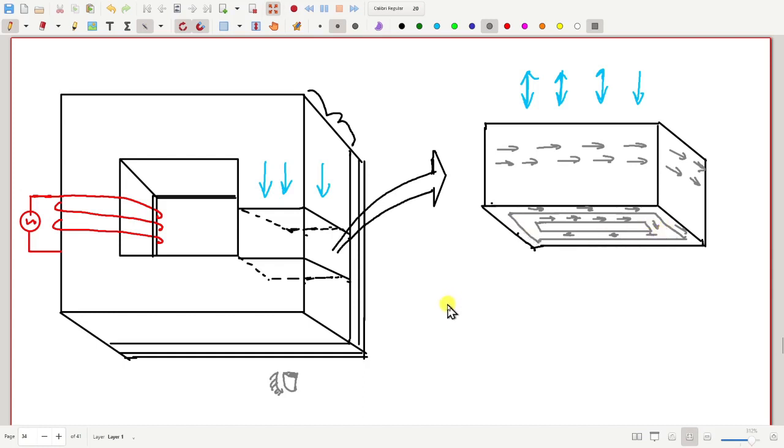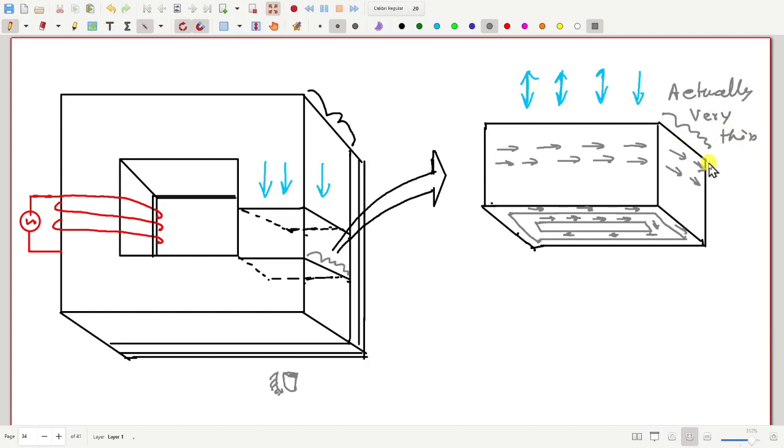eddy currents will flow. Now one thing you have to notice is that this thickness is basically this thickness. So this is actually shown quite larger. Actually they are very thin, a fraction of a millimeter. Here I am drawing it quite large, but actually this particular dimension is very thin.